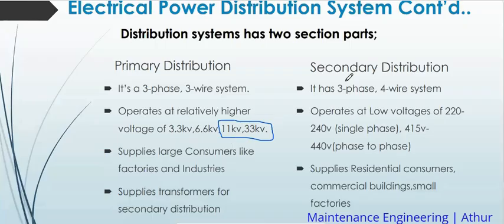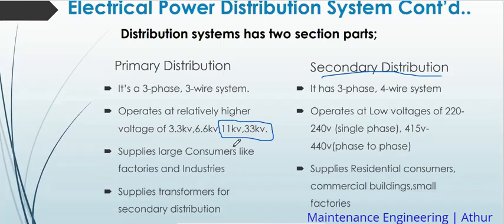Before we come here to secondary distribution, which supplies residential consumers and commercial buildings, you must note that with 11 kilovolts and 33 kilovolts, there are also consumers that use this voltage directly, like industries and factories, because they have machines that need 11 kV and 33 kV.